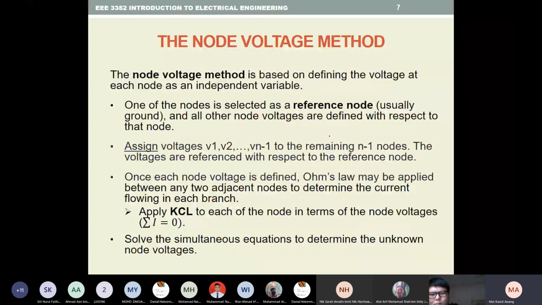Then you apply the Kirchhoff current law to each of the nodes in terms of the node voltages. So the summation of the current at the node is equal to 0. Then you solve the simultaneous equations to determine the unknown node voltages. Why simultaneous equations? Let's say you have 4 nodes. So therefore, you have 3 equations because you have V1, V2, and V3.